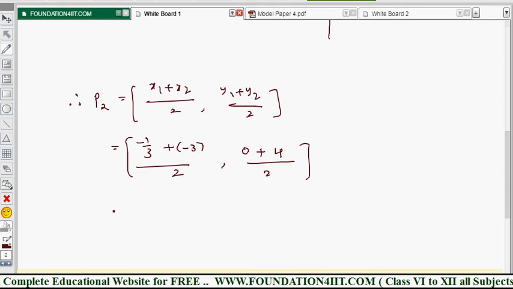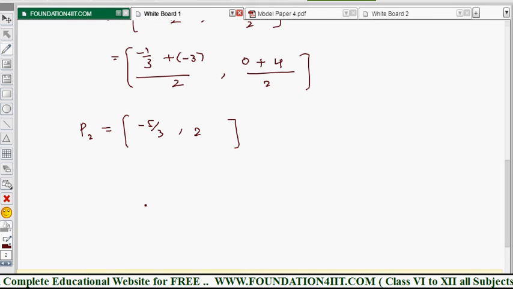We'll simplify this. From this you get the value of P2, that is (-5/3, 2). For -1 by 3 plus -3, just do the LCM and cancel, and you'll get this answer.